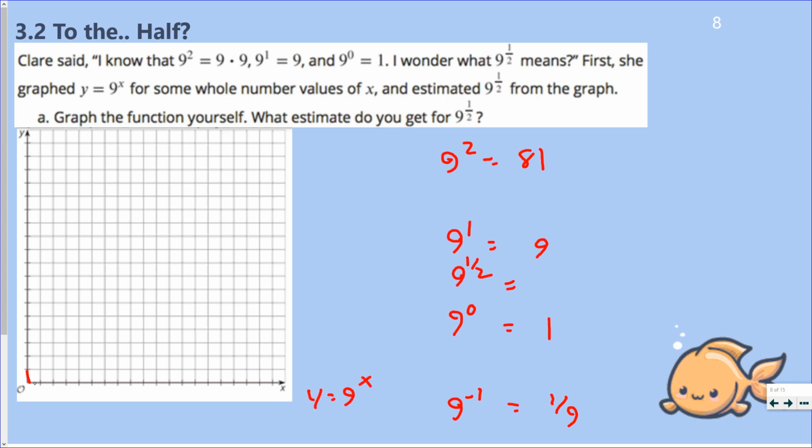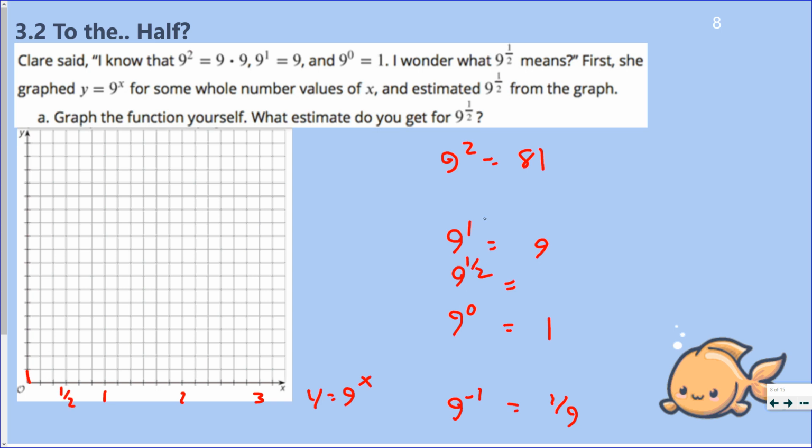So I'm going to have 0, 1, 2, 3, and I'm going to set them that distance apart for a reason, so that I can get into the fractions of it. So here would be a half, right?